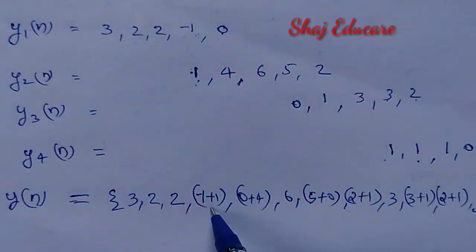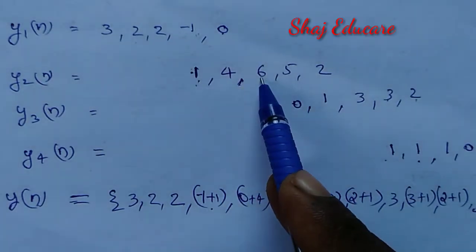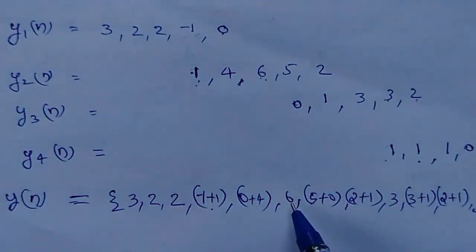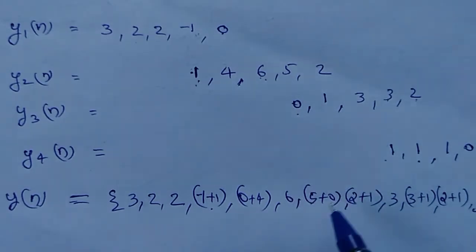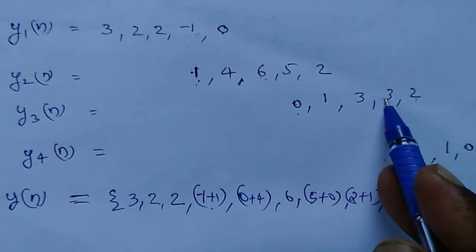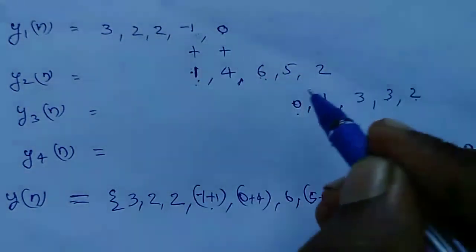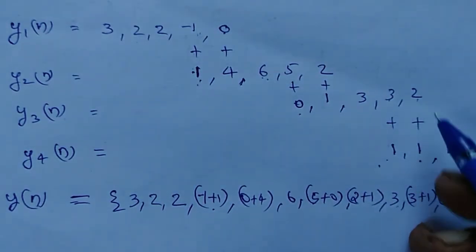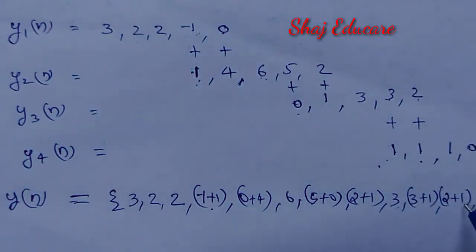Next 0 plus 4. There is nothing to add with 6, so I have just written 6 here. Next 5 plus 0, again 2 plus 1, then 3. Now add 3 plus 1, then 2 plus 1, then 1.